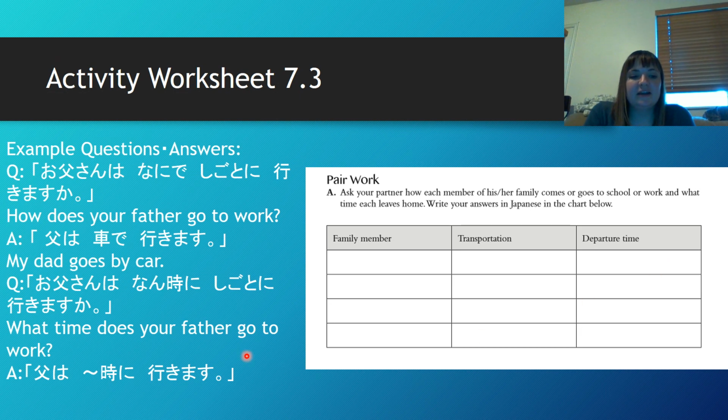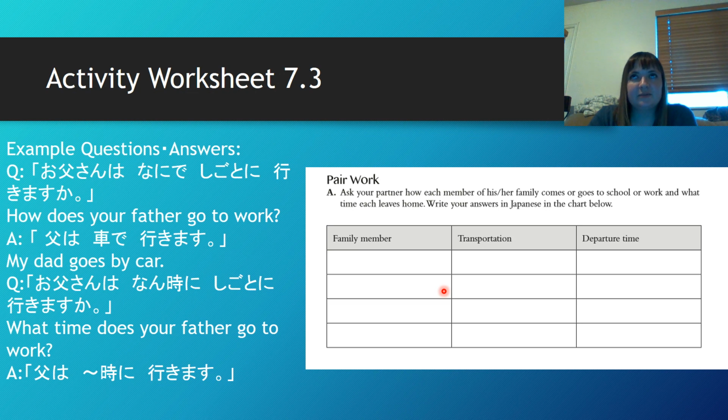Or maybe it's 6:25. Chichi wa 6時25分に行きます. If you guys get a little creative, I am totally fine with that. Remember, you're going to replace the word work with school if we're asking about someone who's still in school.